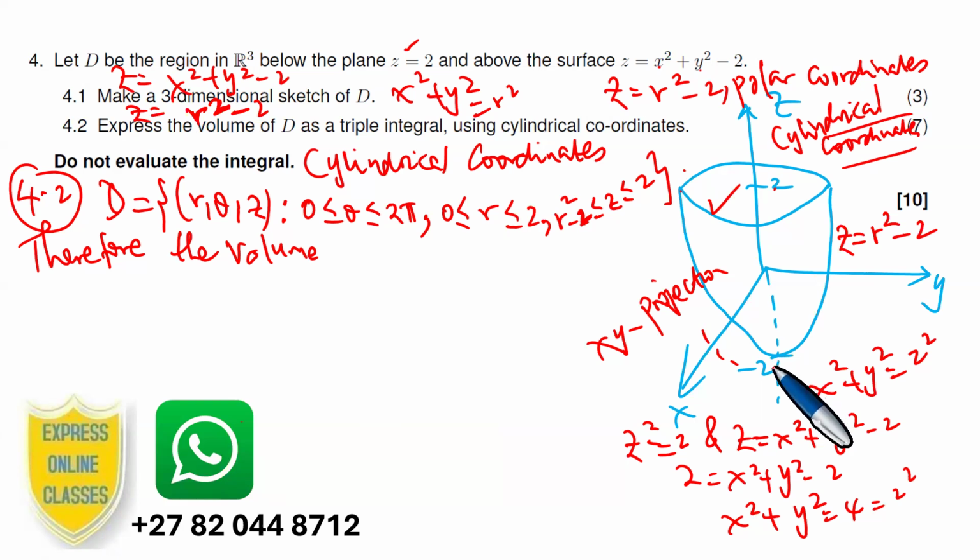Now you need to express the volume of D as a triple integral. The equation of this is x squared plus y squared minus 2, but x squared plus y squared is r squared, because this is the equation of a circle, so that z is r squared minus 2.